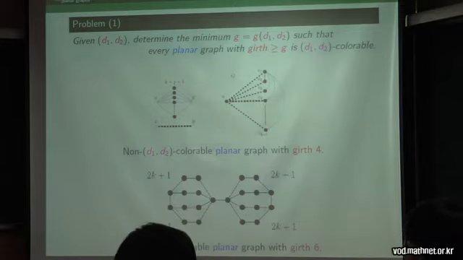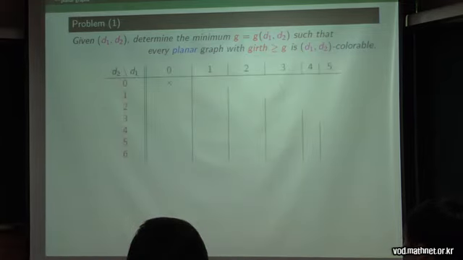And furthermore, if you give me 2 numbers where one of them is 0, so 0 and k, then I can make it even sparser, girth 6. So this says if you give me 0 and something, then this minimum girth g must be at least 7, right?